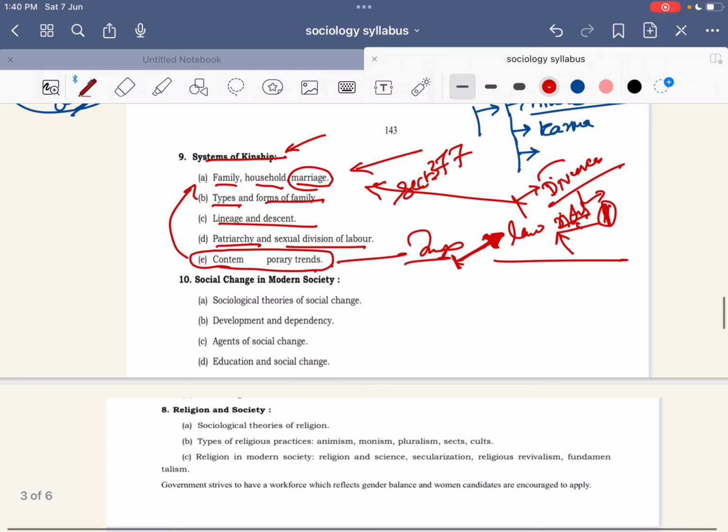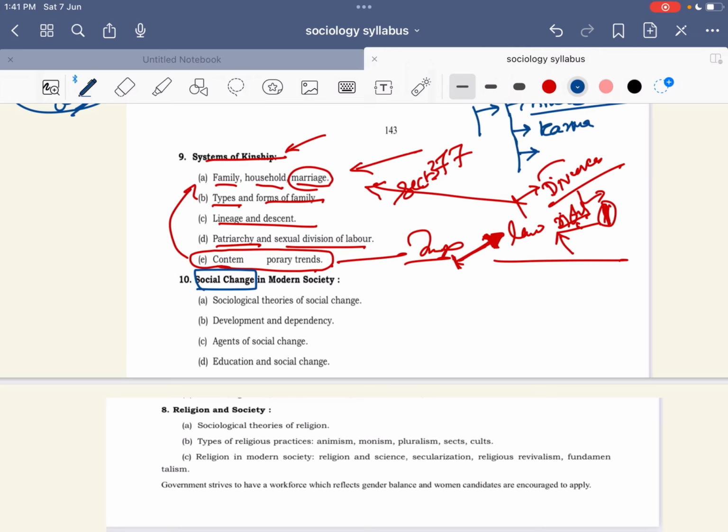Then there is the last topic in Paper 1, that is social change. Now this is very important. See, some sociological thinkers say that society is a living creature. It never dies, because some changes come in it and it evolves. And how do changes come in the society?